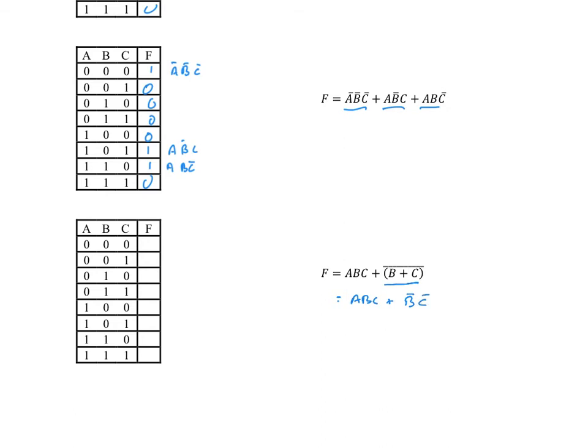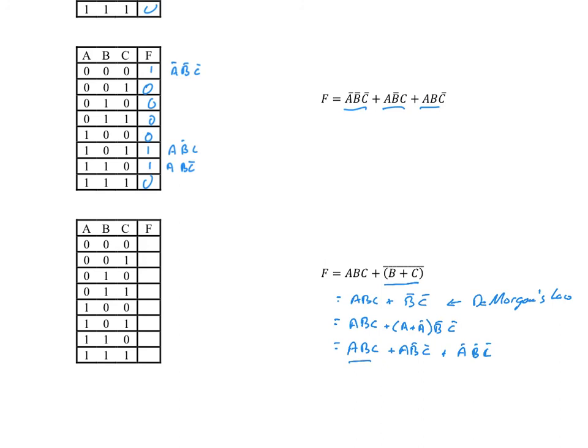That's De Morgan's law. And then we could write this as A, B, C, or A, B bar, C bar, or A bar, B bar, C bar.